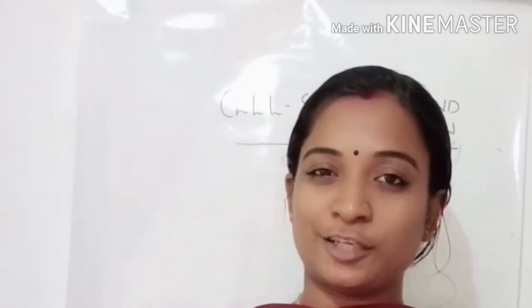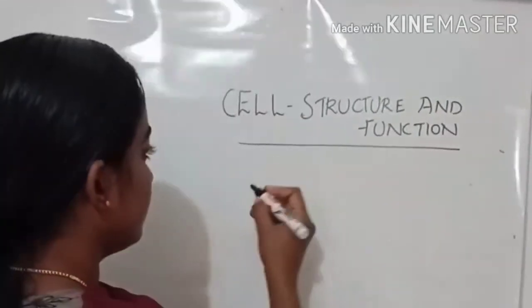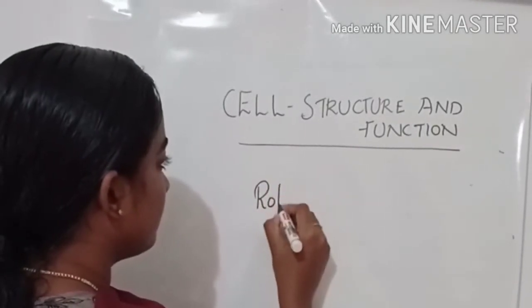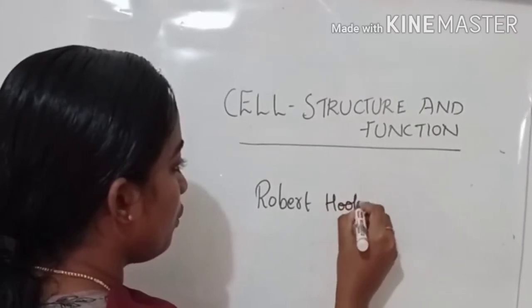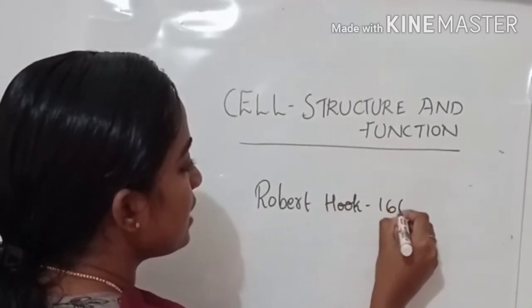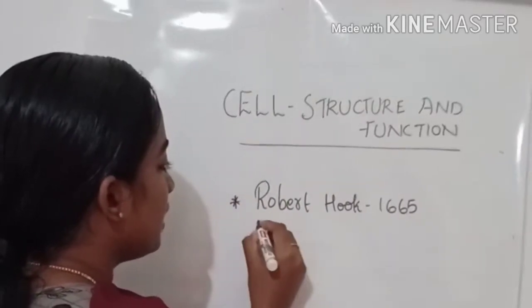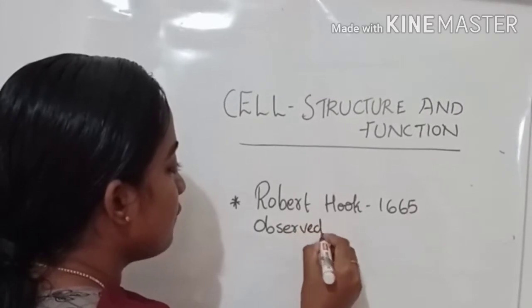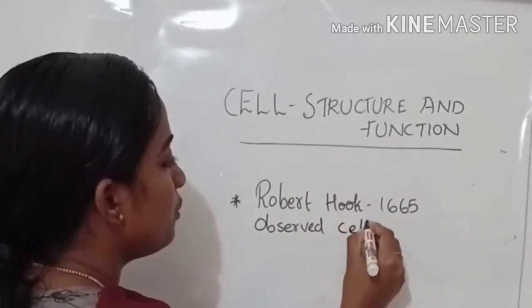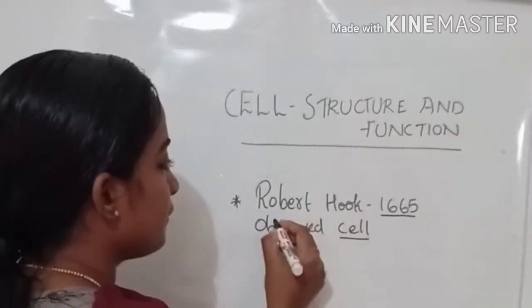Robert Hooke observed a cell in 1665. When? 1665. Who?